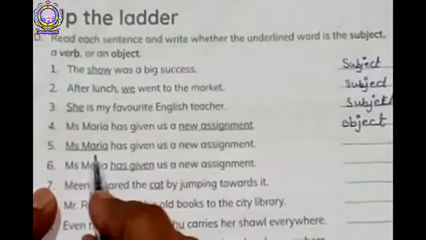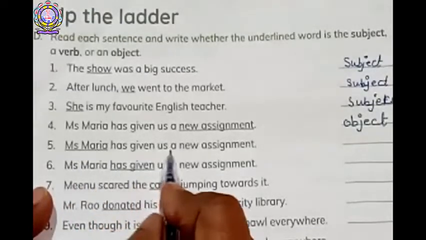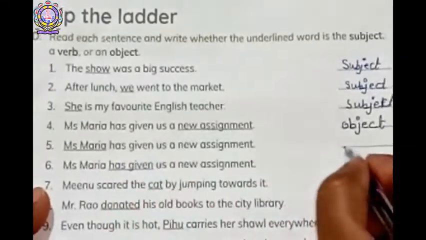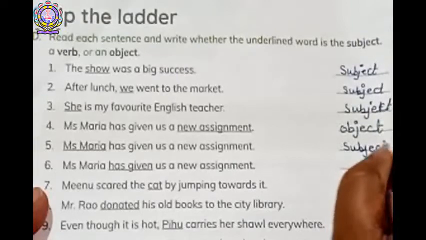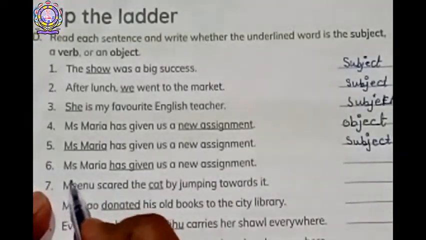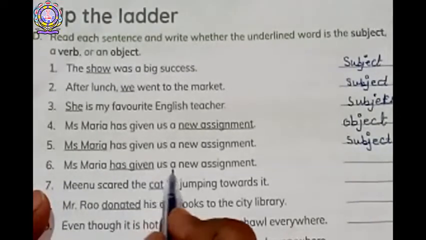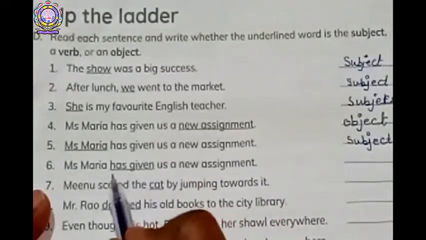Fifth, yes, you can see. Miss Maria has given us a new assignment. Miss Maria. So, subject. Again, sixth one. Miss Maria has given us a new assignment. Same sentence but different underlined word.